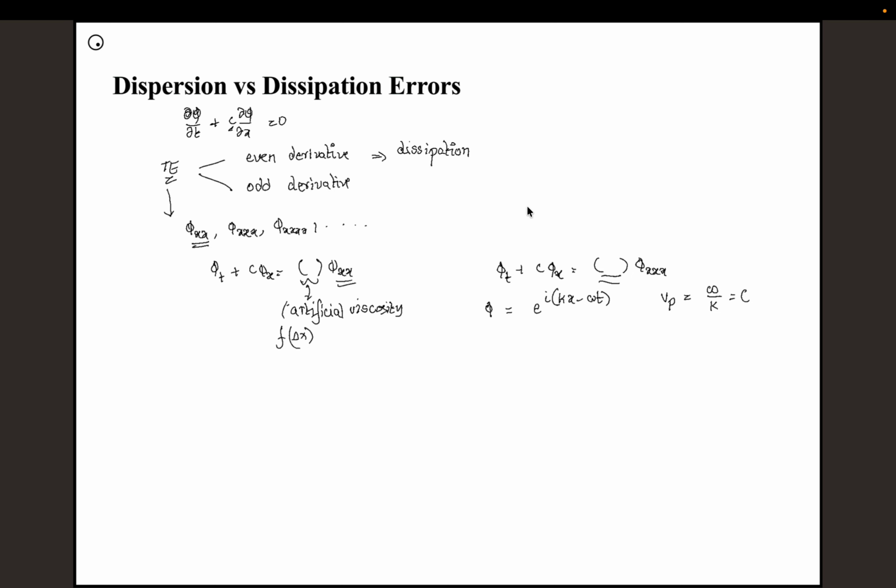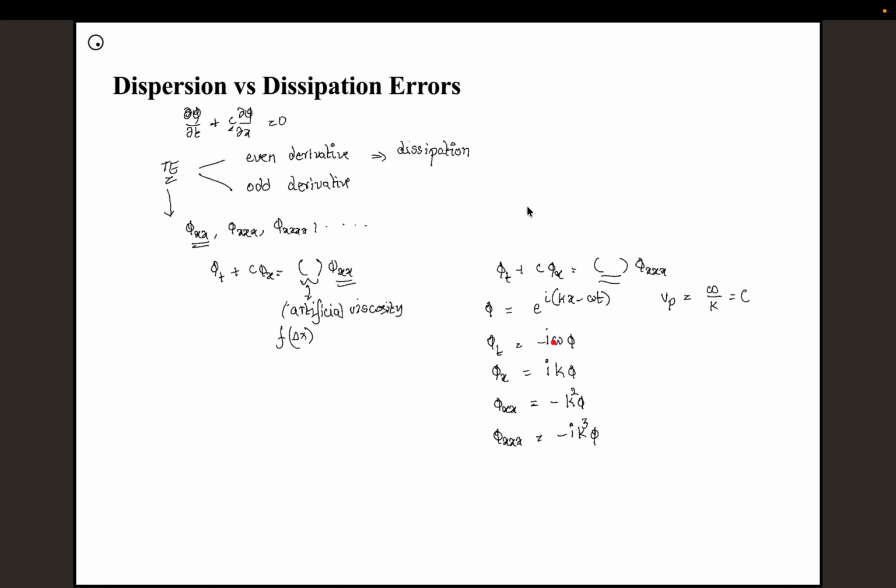What this means is that for any wave number, all of them will travel at the same speed. But if you take the derivatives, phi t is going to give minus i omega times phi, phi x is going to be i k times phi, the double derivative is going to be minus k square times phi, and the triple derivative is going to be minus i k cube times phi, and so on.